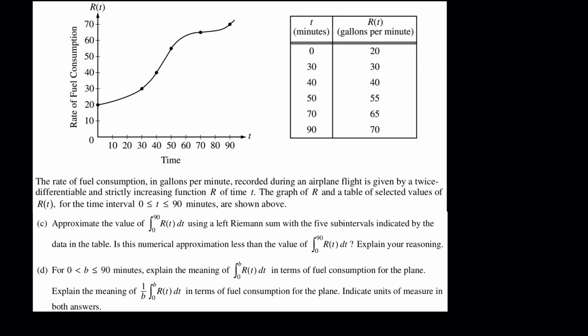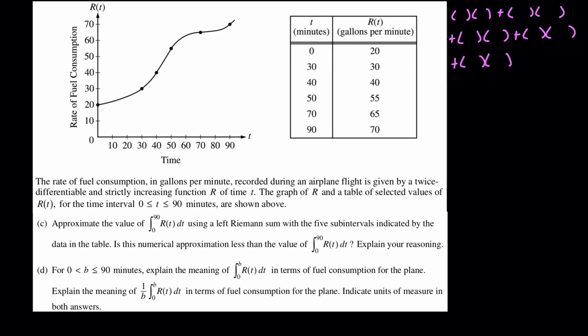All right, so approximating the integral for a left Riemann, you're going to have base times height plus base times height plus base times height plus base times height plus base times height.